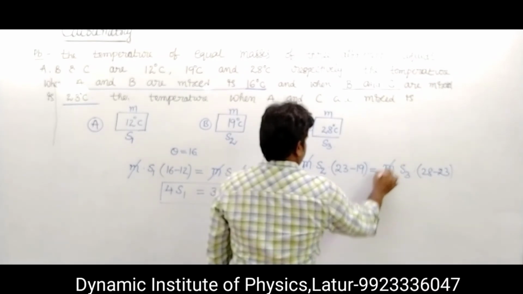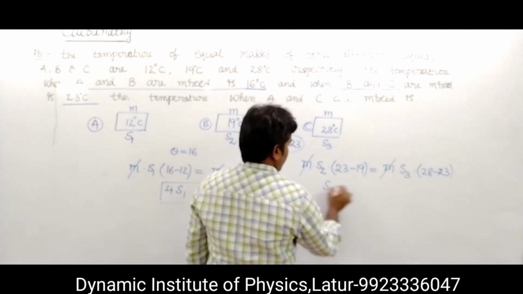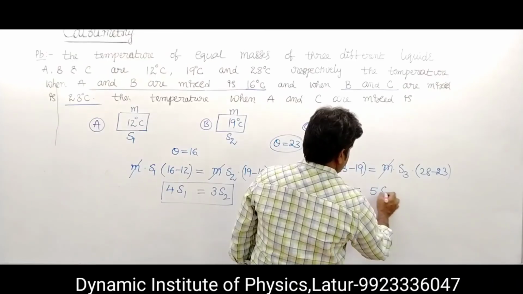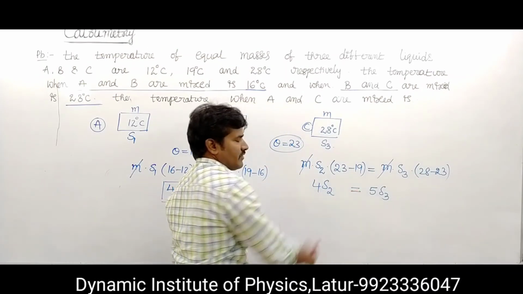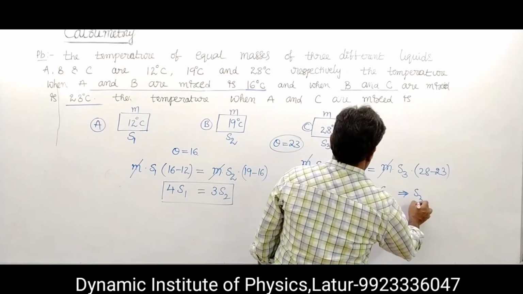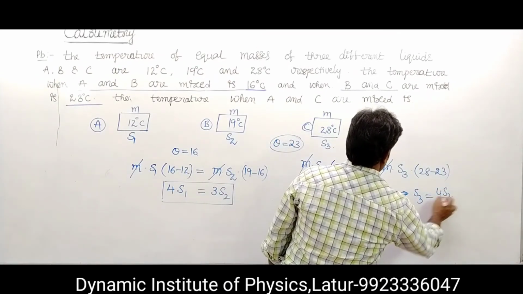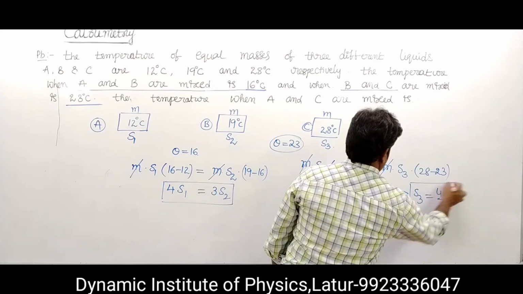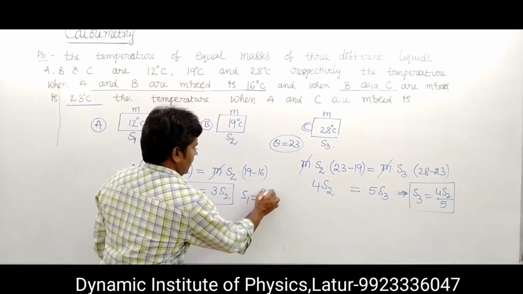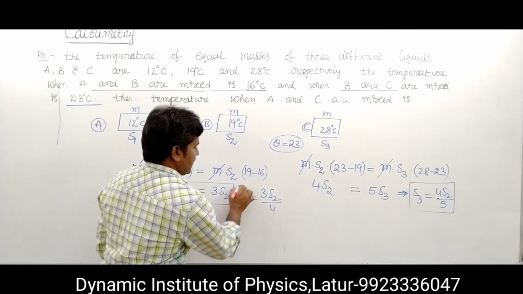Its value becomes 4S2 equals 5S3. So S3 is written as 4S2 upon 5, and S1 is written as 3S2 upon 4.